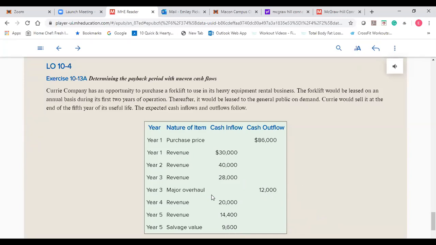So again, for the average, I'm just going to take all of my cash inflows for 5 years, and that includes that salvage value. But I'm going to subtract out the machinery overhaul of 12,000, and then I'm just going to divide it by 5. That gives me the average. So my average is 26,000.